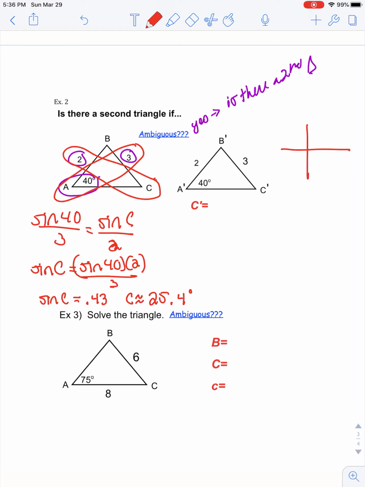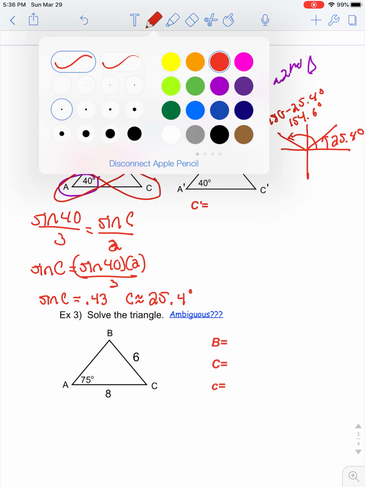As one possibility, if you think on your unit circle, angle C could be 25.4 degrees, but there's also a second possible angle in quadrant 2 that would have that same sine value. That angle would be 180 minus 25.4, which makes that angle 154.6 degrees.